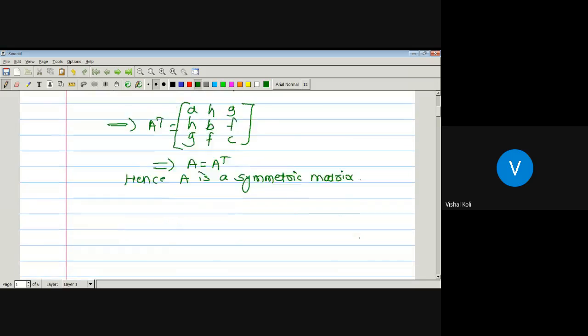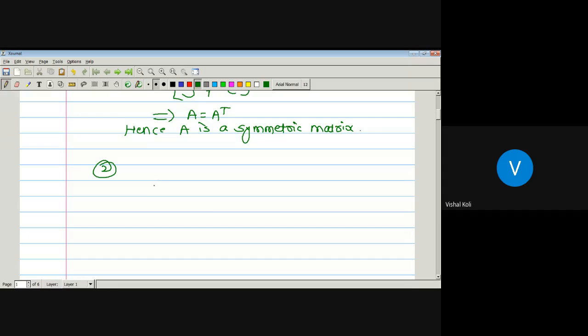Okay. Now the second example, let us take matrix B having elements 0, 1, 2; 1, 3, 5; -2, 5, and so on. Now tell me whether this matrix B is a symmetric matrix or not. No. Why?